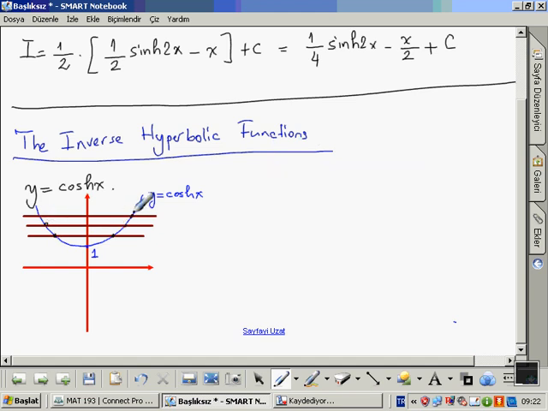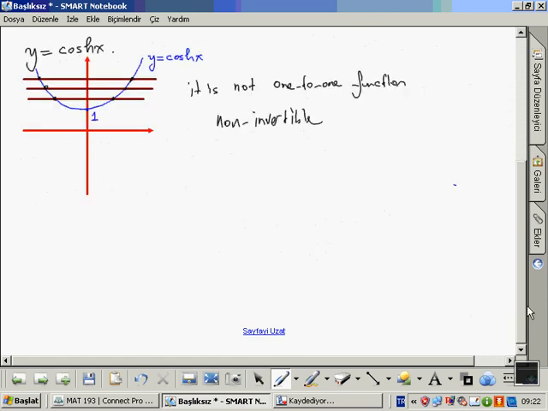Every line has two intersection points on the curve, so we can say it's not a one-to-one function, so non-invertible, okay. Of course, you can restrict this domain, and you can evaluate the inverse cosh x function.